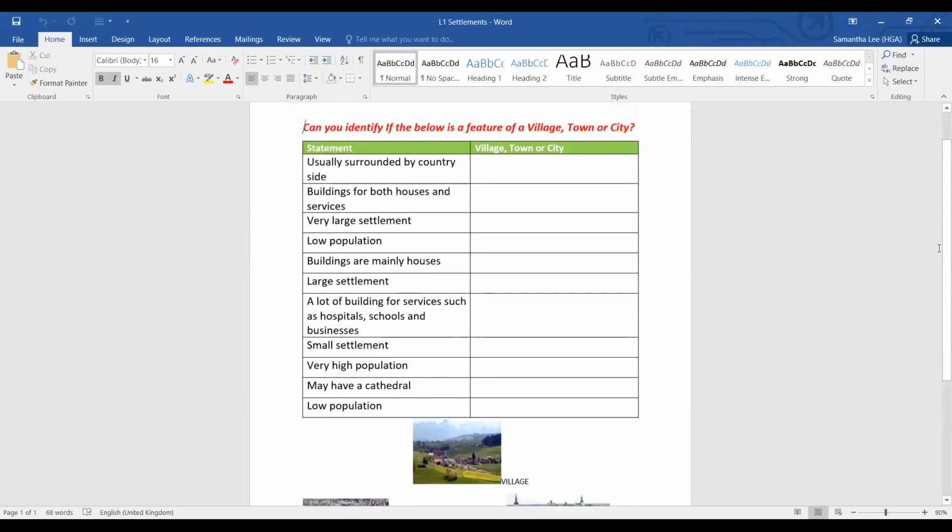So if we think about that one, and we can do this together, the statement says again, usually surrounded by countryside. Is that a village, a town, or a city? Call it out. Well done, those of you who said a village. We know that a village generally is surrounded by a lot of green countryside and green fields. So that is a statement that applies to a village. Then you would move on to the next one. If you need an adult to read it out to you, that's absolutely fine.